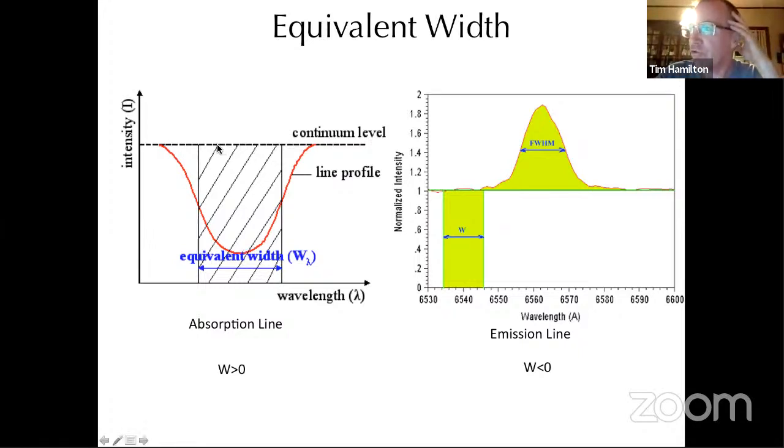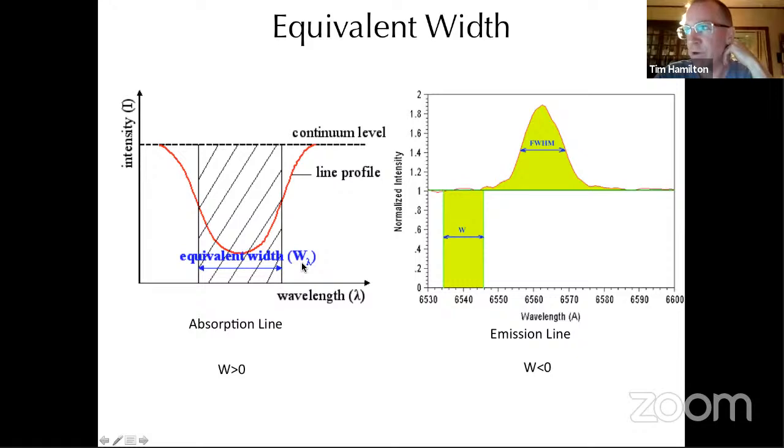But if we draw a pure rectangle that does go all the way to 0, the height is 1. We go from 0 to 1. And the width is the equivalent width. So the equivalent width of an absorption line is the width of a rectangle that has the same area as our line, but goes all the way down to 0 level.